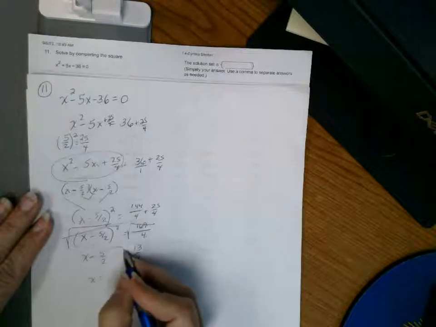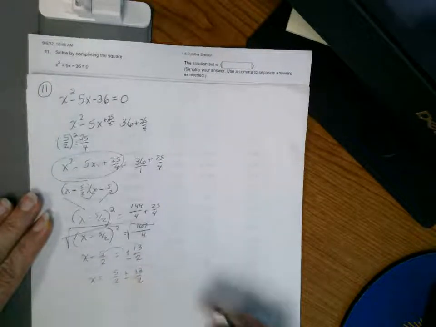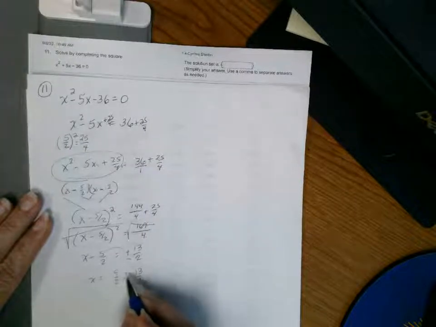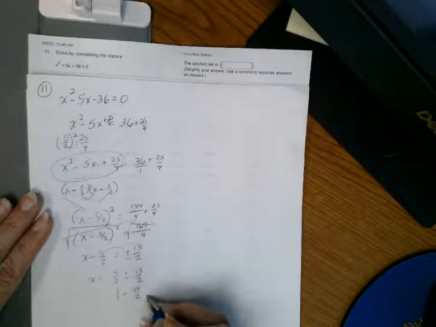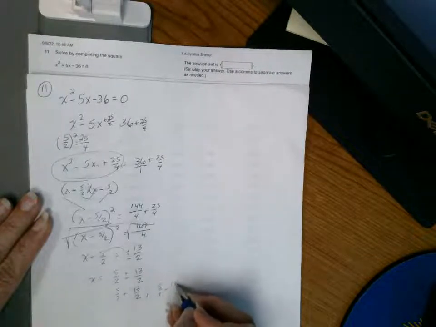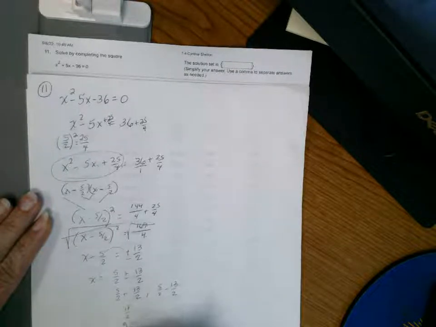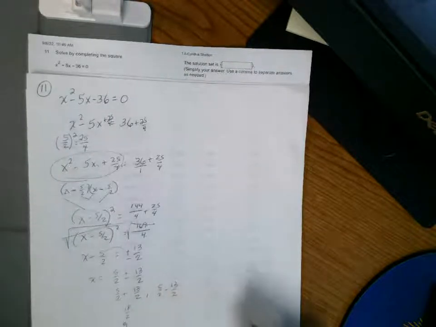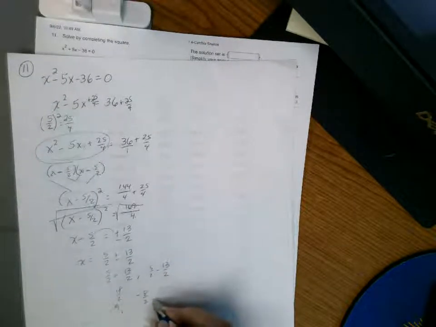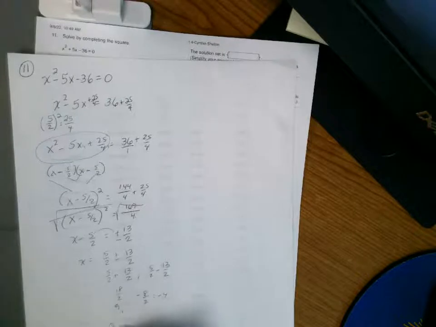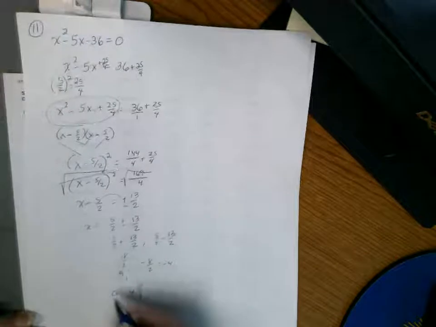So x equals, throwing this across the line, 5 over 2 plus and minus 13 over 2, which can be further worked out to 5 over 2 plus 13 over 2 and 5 over 2 minus 13 over 2, which will be 18 over 2, or 9, and 5 minus 13 would be negative 8 over 2, or negative 4. So two answers, 9 and negative 4, are the final two answers there.